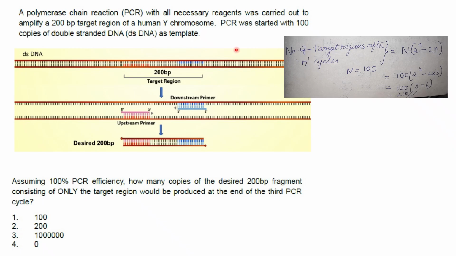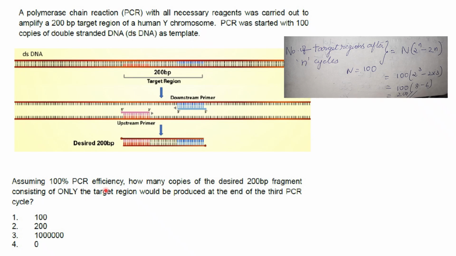You have used only 100 copies of the double-stranded DNA as a template. This is the target region, the primers are annealing there, and this is the 200 base pair fragment that is produced at the end of PCR.